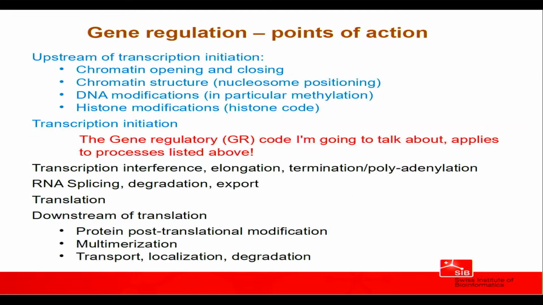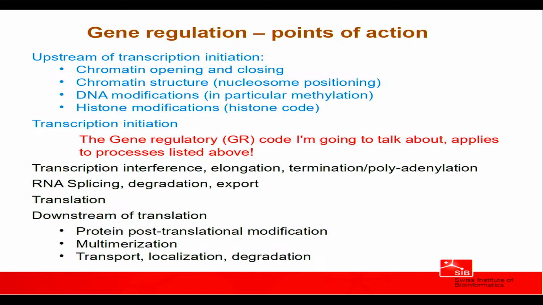So also I want to clarify what I mean by gene regulatory code. The activation of a gene, or the regulation of the activity of a gene, is the result of a very long cascade of molecular events. There are events that happen upstream of transcription.